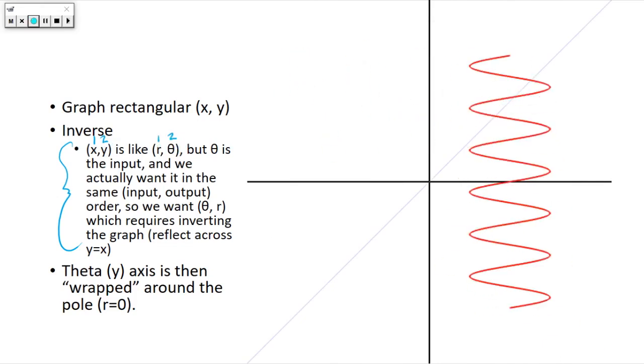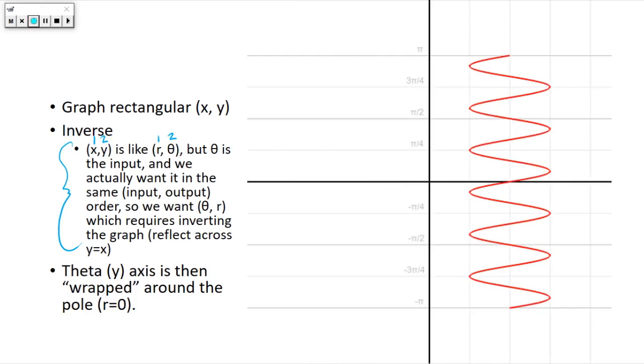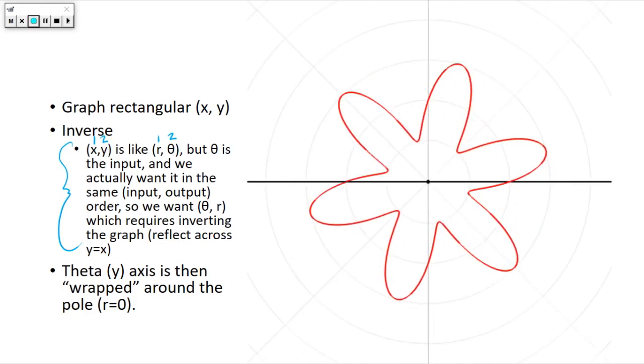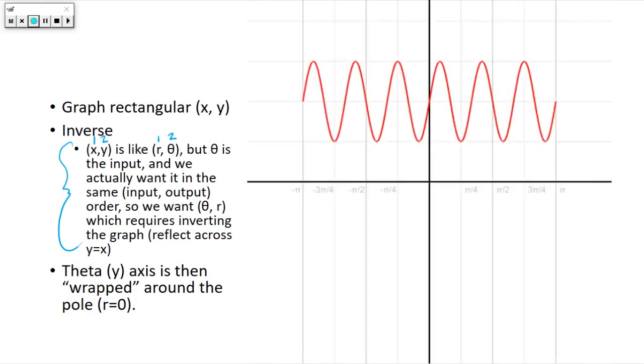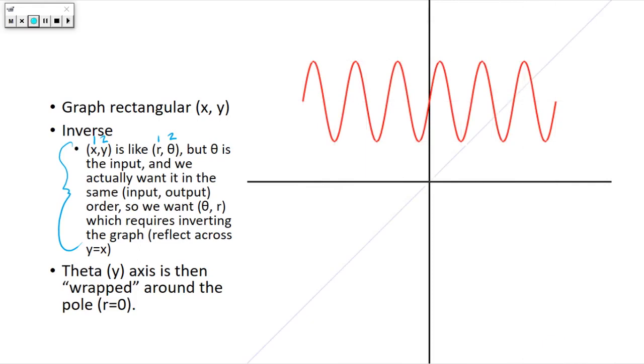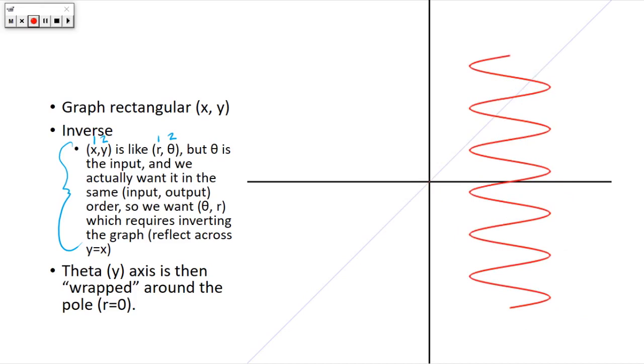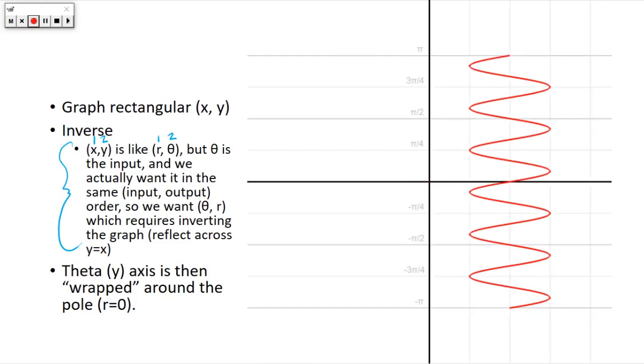The input is first in x and y, and the input is second in r and theta. And so that's why this reflection over the line y equals x happens right away here. Essentially what we're doing is swapping the input and output to get it in the order we're more familiar with. We want to be plugging in a theta and getting an r out.